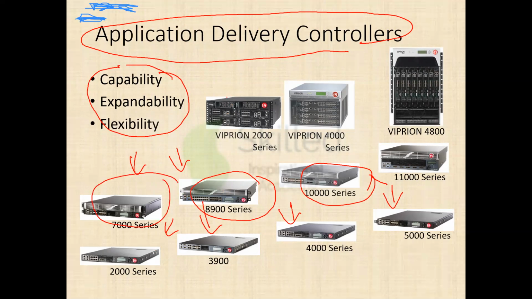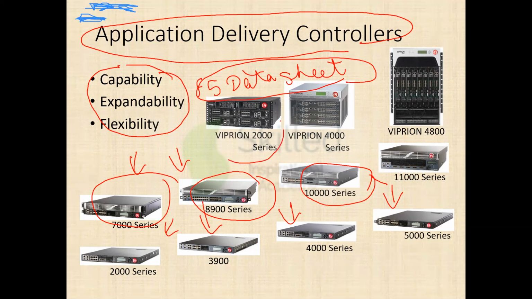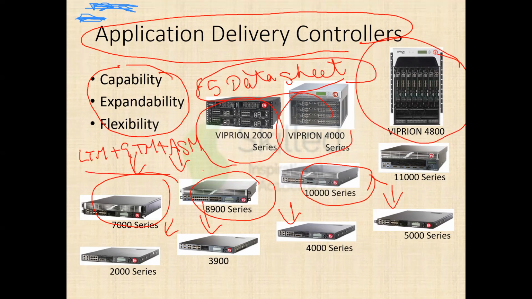You can go to F5 and search for the F5 datasheet, where you will get the different models, sessions, and architecture. We also have VIPRION models, 2000 series, 4000 series, and higher models up to 4800. On all this hardware, you can deploy LTM plus GTM plus ASM, depending on your license. You can deploy three or four modules together.